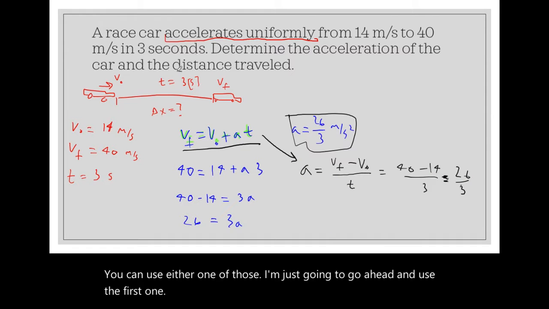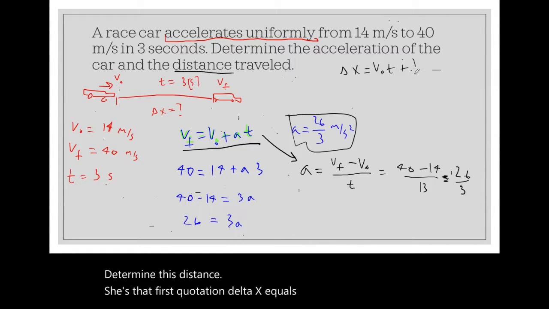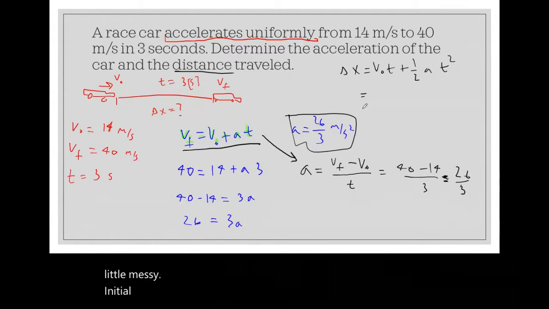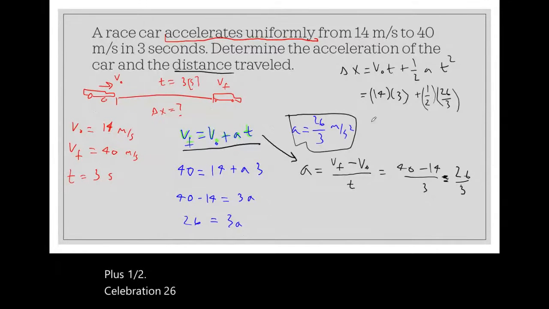Let's determine this distance. Let's use that first equation, delta x equals v naught t plus 1/2 a t squared. It looks like it's going to be a little messy. Initial velocity was 14 times 3 seconds plus 1/2 acceleration 26 over 3 squared.